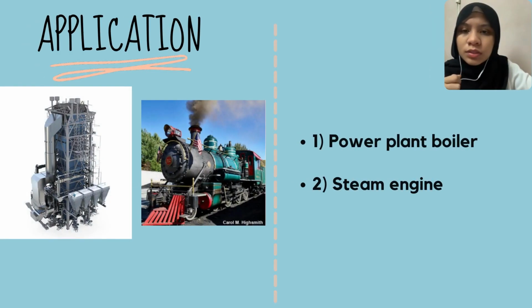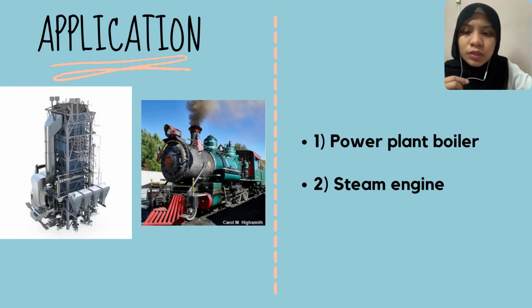Okay, so these are some of the applications that use the same system as this lab experiment. One of them is the power plant boiler and the second is the steam engine. So I will explain to you how both of these work. The power plant boiler consists of a boiler, steam turbine, generator and other auxiliaries.